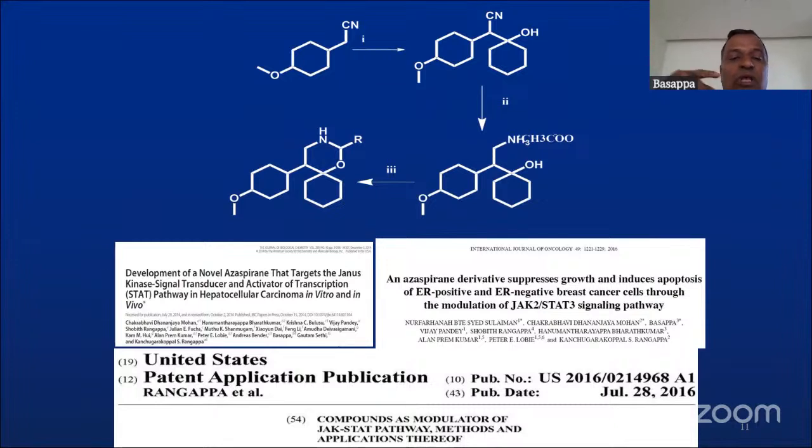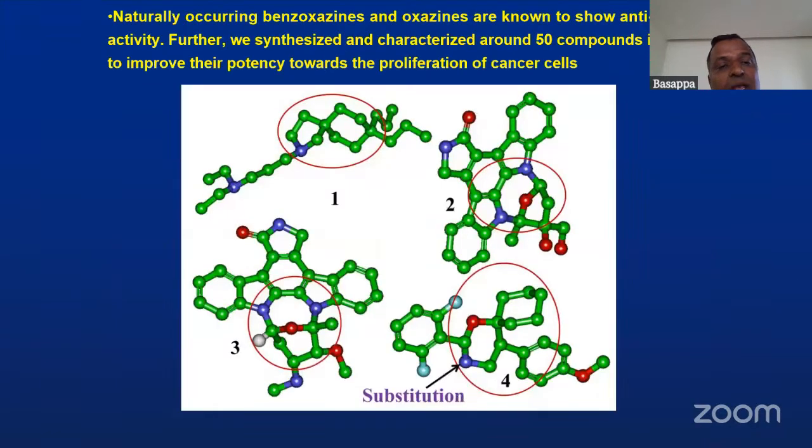So coming to the azaspirin oxygen structures that we reported in 2014, where we identified some of the azaspirin structures that could target the JAK-STAT pathway in hepatocellular carcinoma. This work got published in JBC, and we obtained a US patent too, academically.